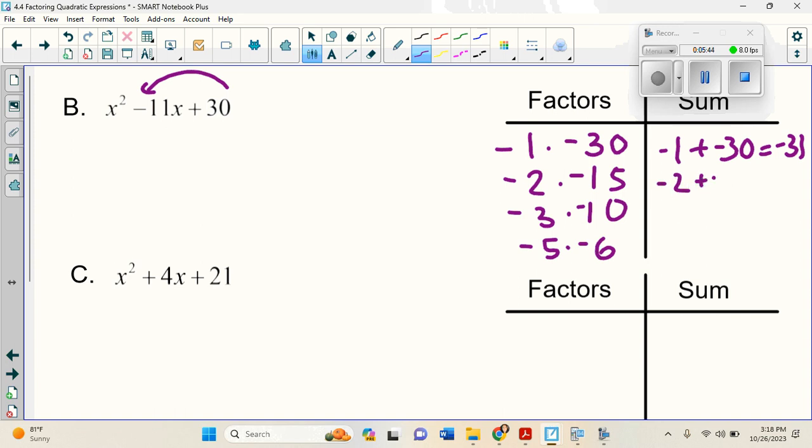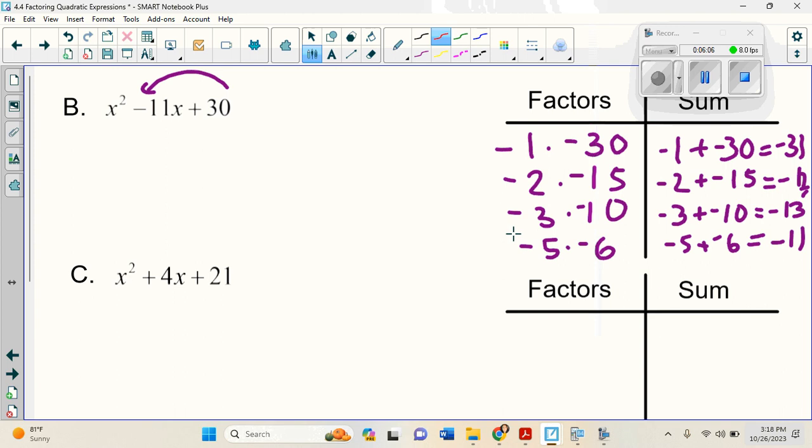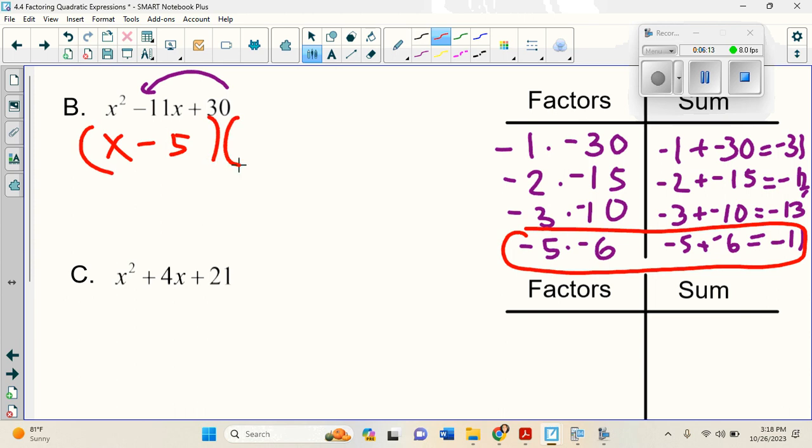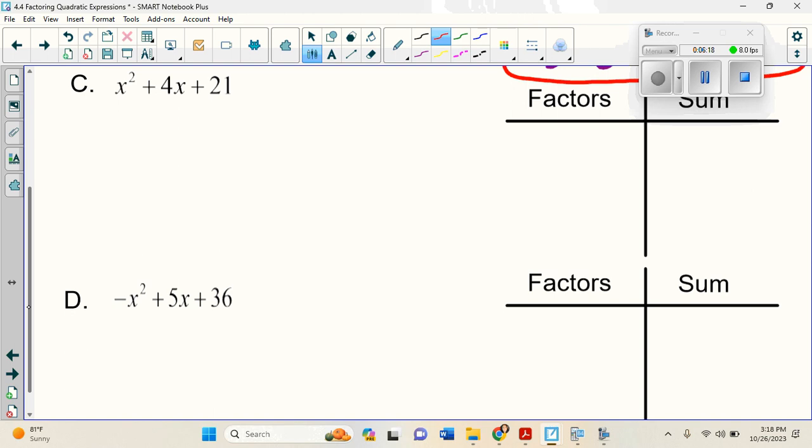Negative 2 plus negative 15 is negative 17. Negative 3 plus negative 10 is negative 13. And negative 5 plus negative 6 is negative 11. So of these, the ones that add up to negative 11, only negative 5 and negative 6 work. And you can always check the work by distributing with FOIL.